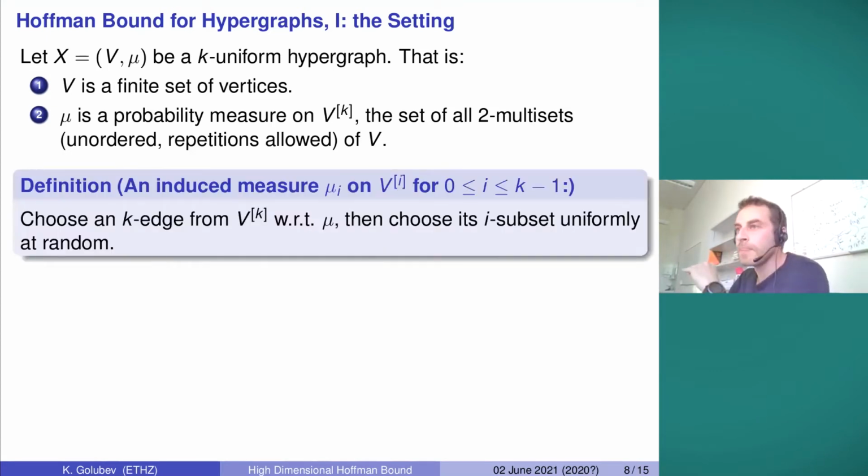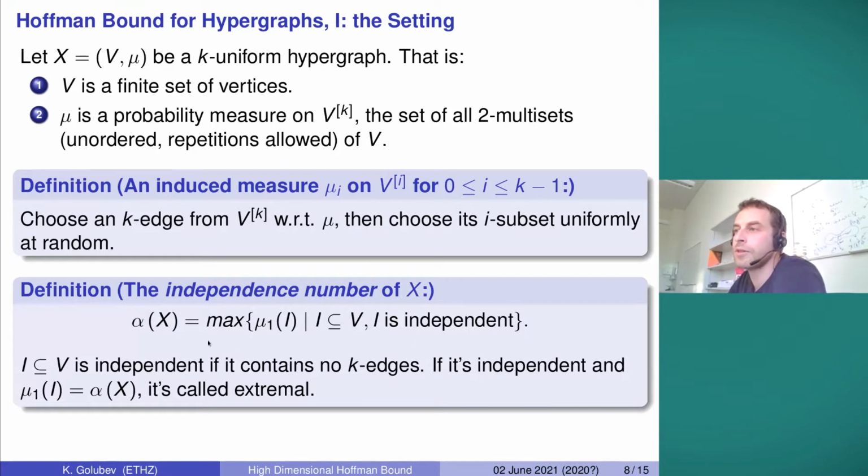So this kind of measure induces a measure on V^i for all i from 0 to k minus 1, which basically corresponds to the procedure where we choose a k-edge from V^k with respect to mu, and then choose one of its i-subsets uniformly at random.